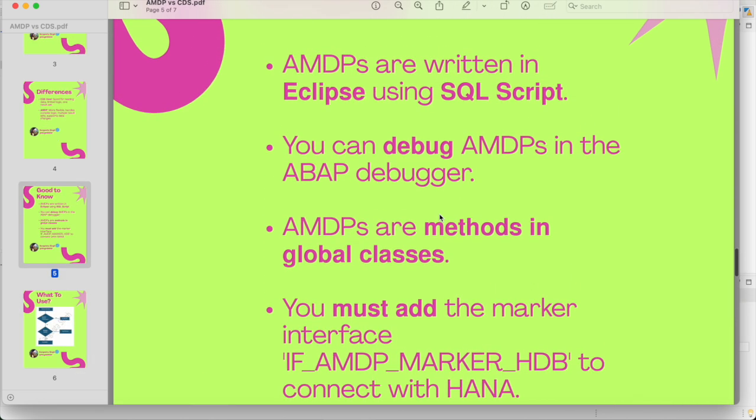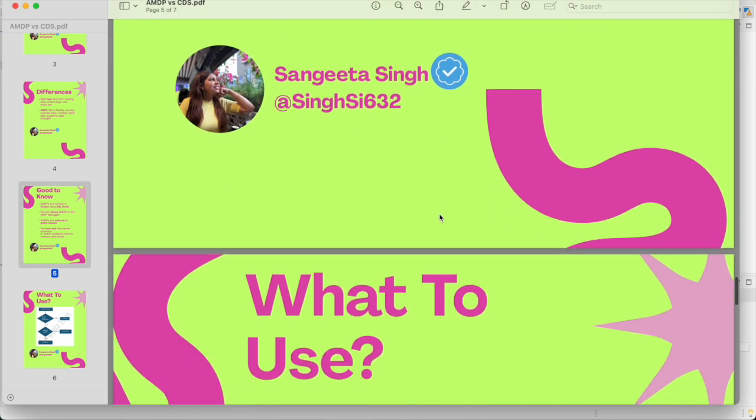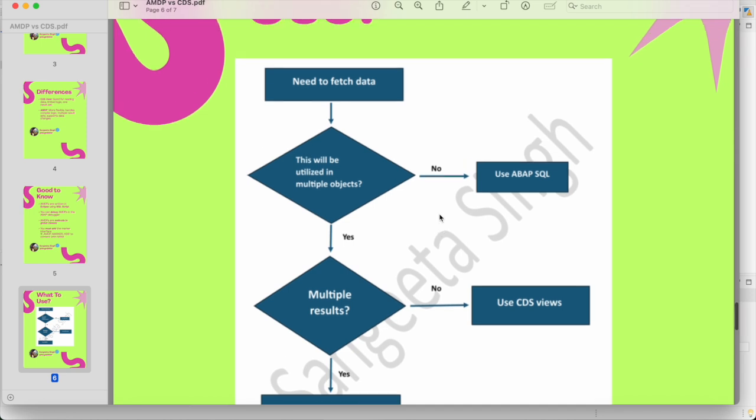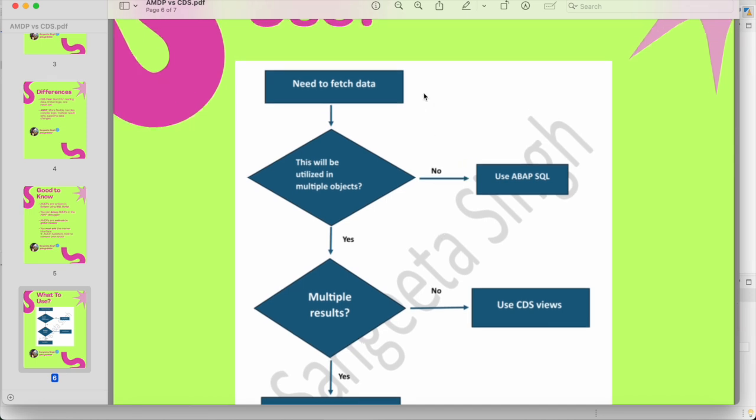Now what are the scenarios where we need AMDP? Let's understand this with this flowchart. Suppose we need to fetch data and this data will be utilized in a single object, so we don't need the reusability concept.